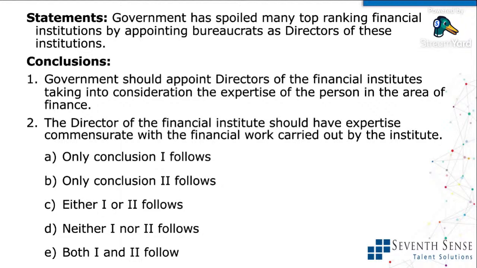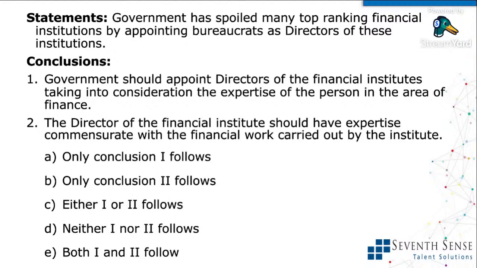Now go for the conclusions. Government should appoint directors of the financial institutes taking into consideration the expertise of the person in the area of finance. The director of the financial institute should have expertise commensurate with the financial work carried out by the institute.